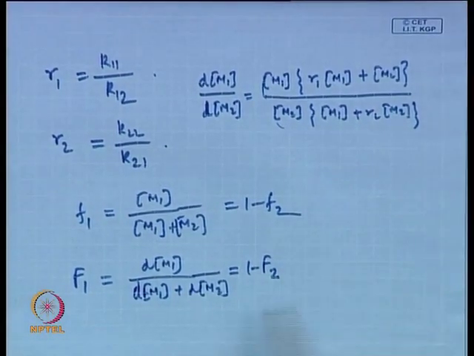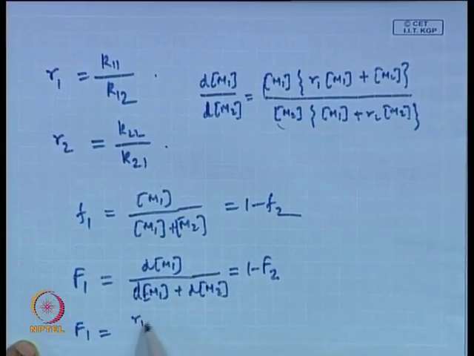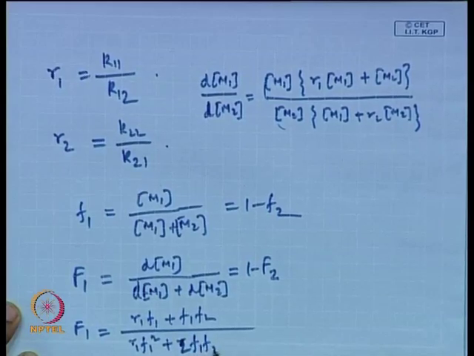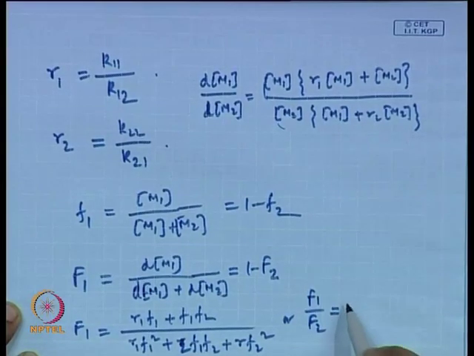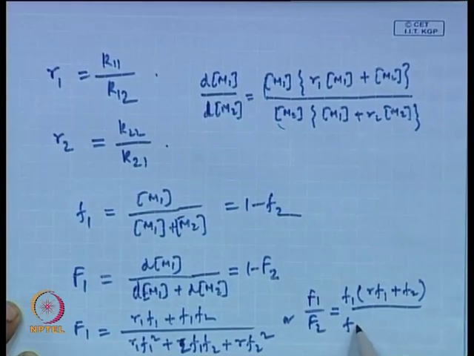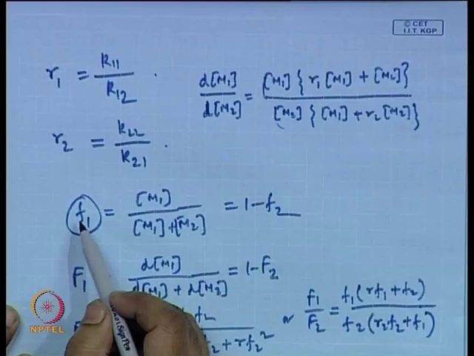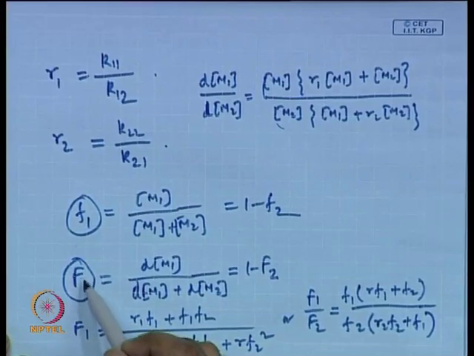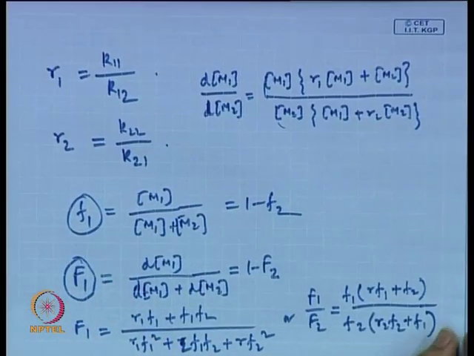So, you can simply write F1 is r1 f1 squared plus f1 f2, or F1 by F2 is... One more time, f1 is the mole fraction of the free monomer in the reaction medium, and F1, capital F, is the mole fraction of M1 in the copolymer.